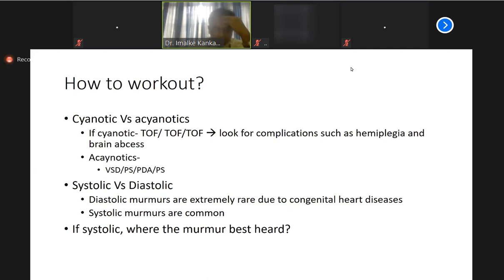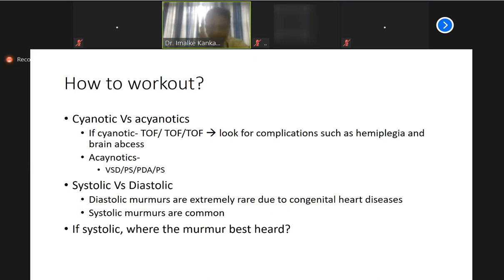If dextro, are we going to get murmurs with dextro? Yes, yes. I'm going to discuss only important questions, otherwise I don't have time. So acyanotic, cyanotic. If it is cyanotic, tough.